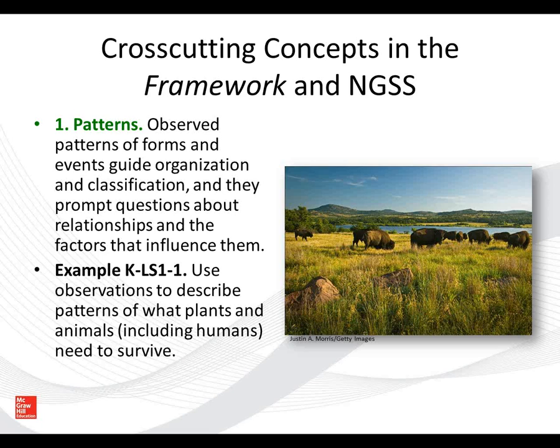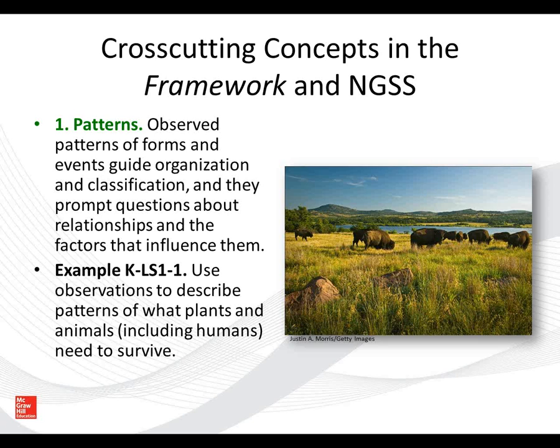So these are not just a pattern of objects that you can look at, but patterns in time as well. They guide organization and classification and prompt questions about relationships. And in a sense, this is the way new sciences really start. People start recognizing similarities and differences, eventually leading to understanding about relationships.